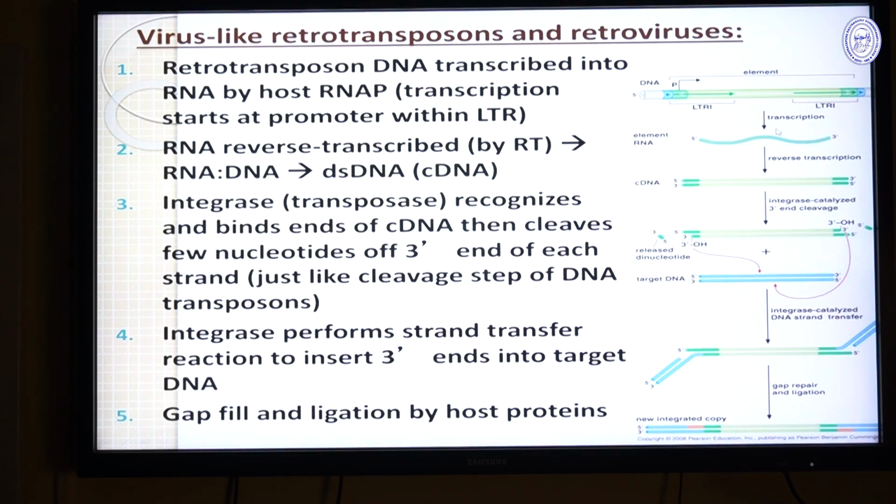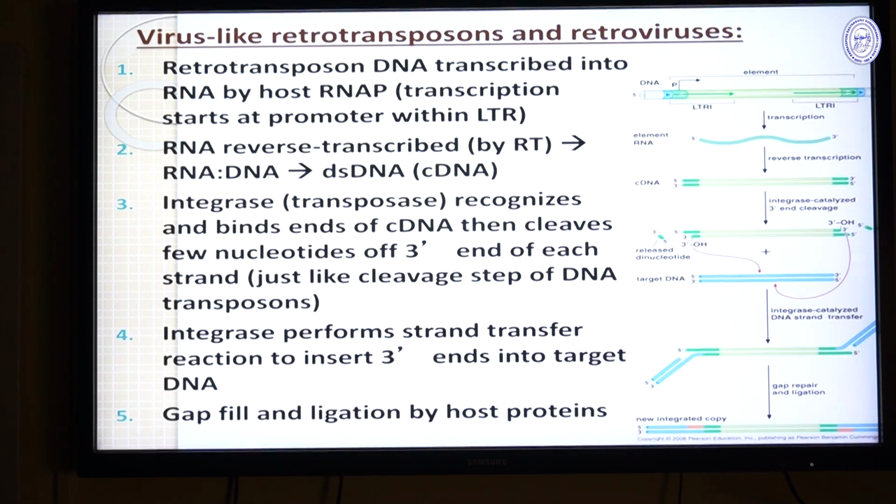With the help of the reverse transcriptase enzyme, reverse transcription occurs and produces a double-stranded DNA. So the RNA is reverse transcribed by the reverse transcriptase to produce a double-stranded DNA, which we call the cDNA.